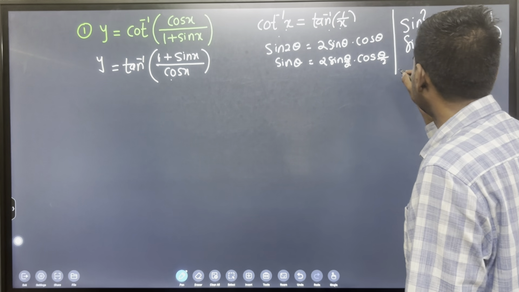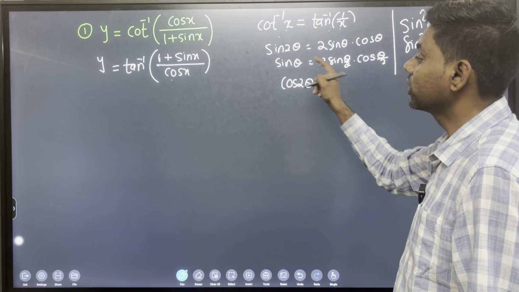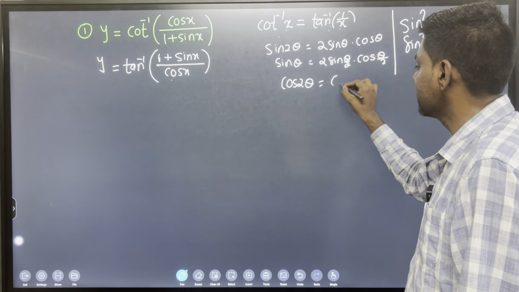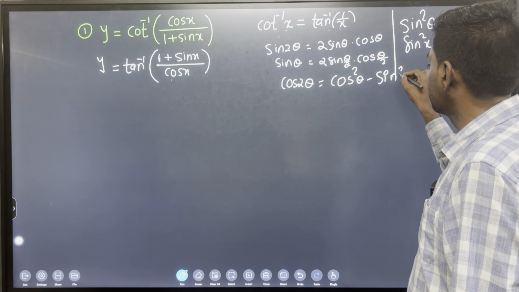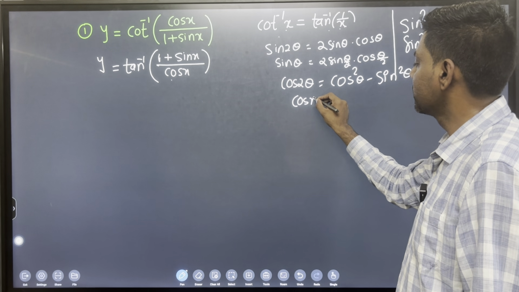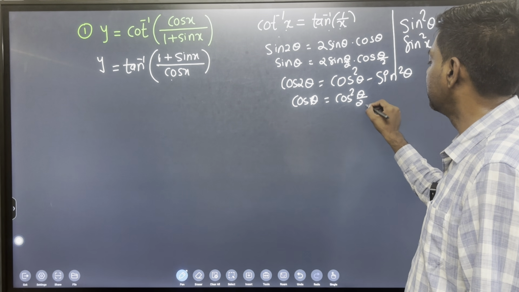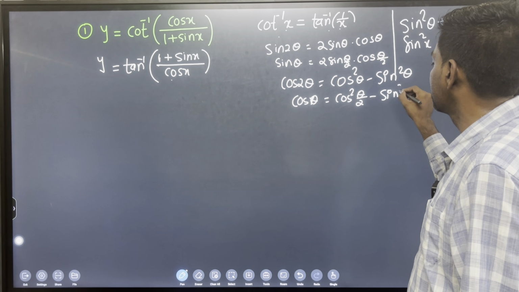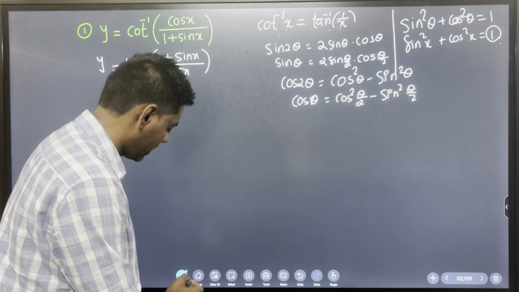The formula for cos of 2 theta when both sine and cos are present is cos square theta minus sine square theta. We require only cos x, so cos theta equals cos square theta by 2 minus sine square theta by 2. Here we complete all the formulas.